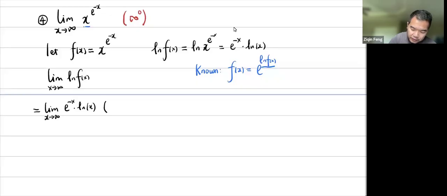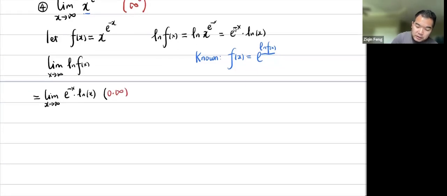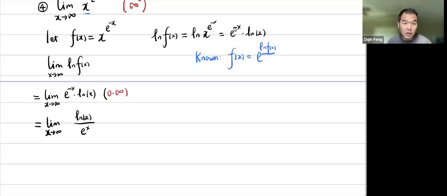First factor goes to 0, second factor goes to infinity, right? And change that to a quotient. Easy trick. We can move e to negative x to the denominator: natural log of x over e to x, right? Now this is infinity over infinity, right?